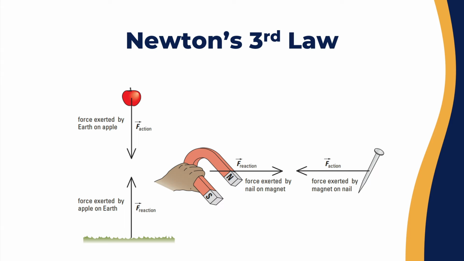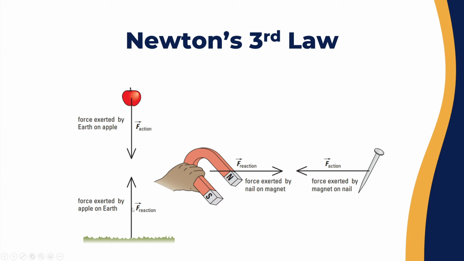Now the non-contact forces that we mentioned in Newton's third law: if you see an apple falling towards the ground, there is a force of action going towards the earth through the gravitational force in this case, and there's a force of reaction from the earth on the apple.